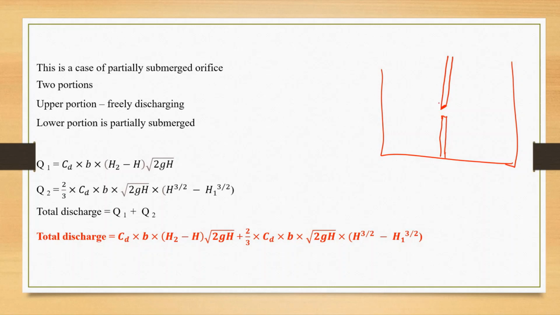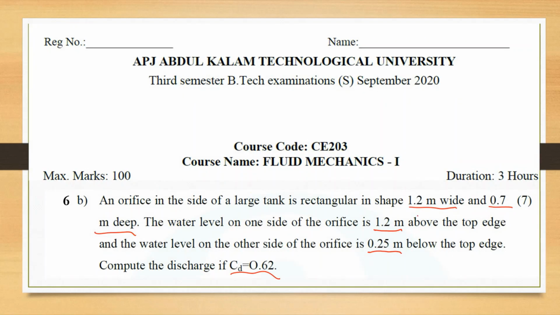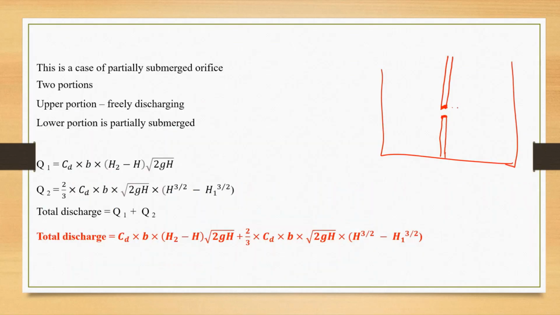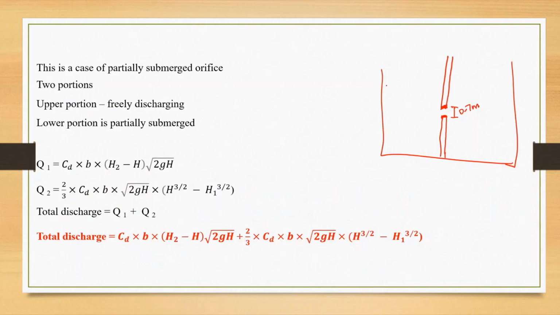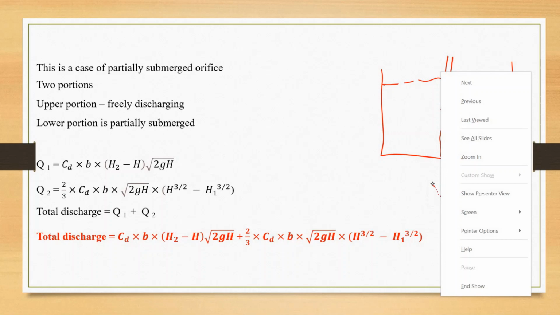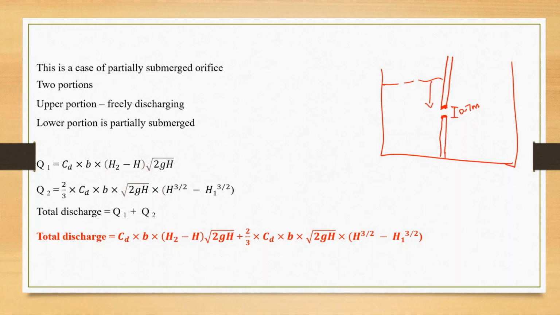Let's say this is the top edge, this is the bottom edge, and the rectangular orifice is 0.7 meter deep. So this depth is 0.7 meters. And the water level on one side of the orifice is 1.2 meter above the top edge. So here the water level will be 1.2 meters above the top edge.